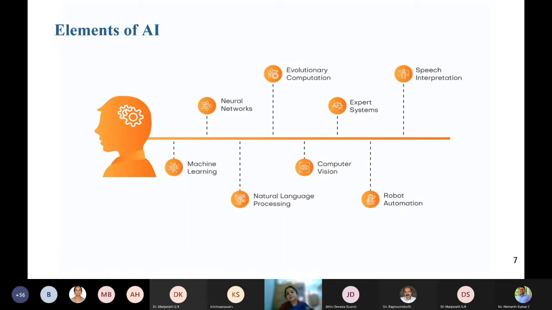At one point, even though we are trying to segregate these things, there could be a neural network working in there, and we have a machine learning algorithm there. Even in robotic automation, it starts with, say, computer vision itself. So all these areas do overlap. Here you could also be trying to create an expert system.